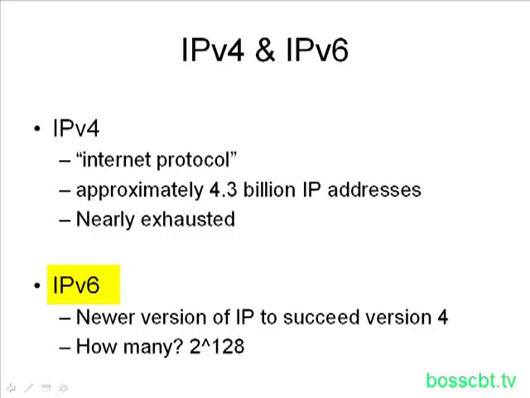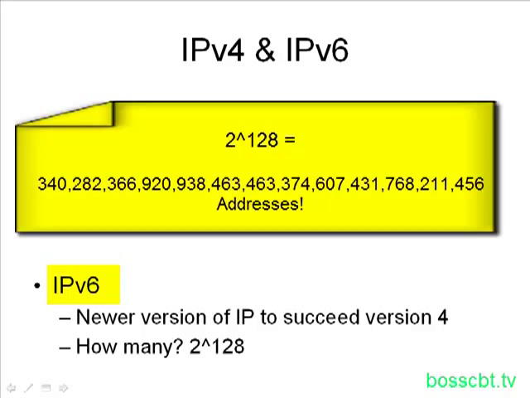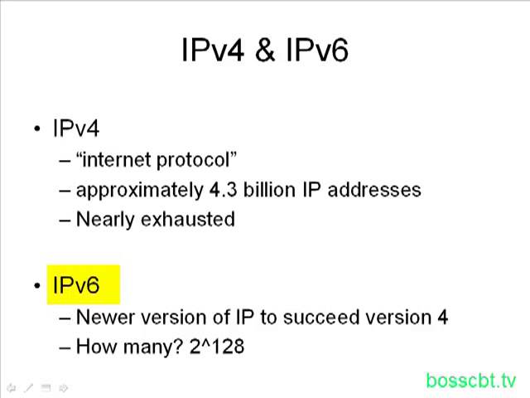In fact, it's 2 to the power of 128. So if you were to calculate that number, you can see it's enormous. Now, IP version 6 is not really covered in the CCENT track. It mainly comes up when you're going for the CCNA. So we're not going to touch too much on it here, but if you are going for the CCNA, we do cover this more in some of those tutorials.